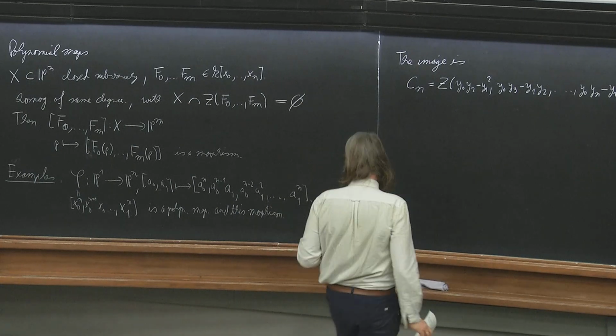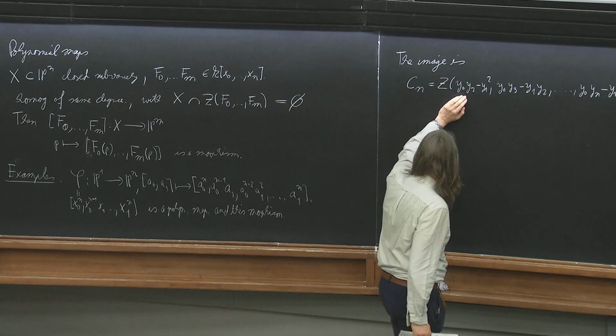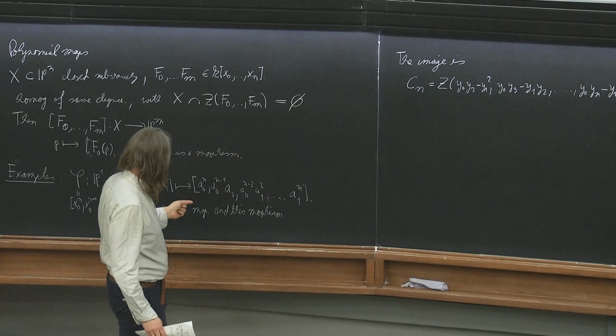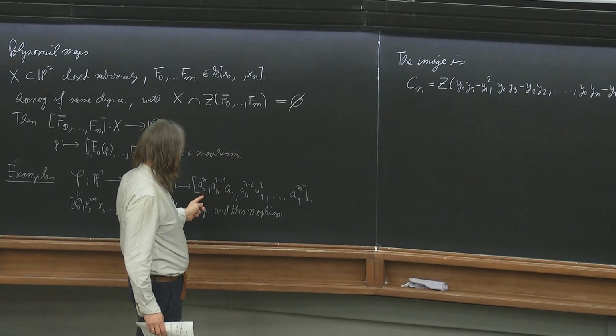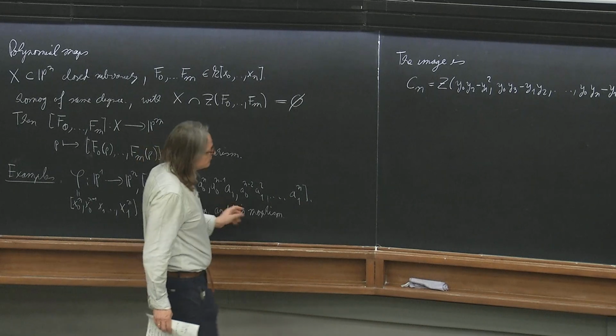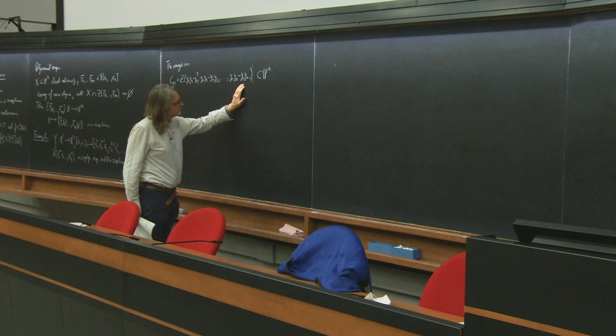Because here we can see, certainly the points here lie in the image. If I take the zeroth coordinate and multiply it by the second, I get the square of this. And you can easily see that all these relations are satisfied.